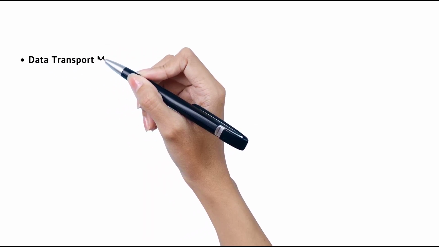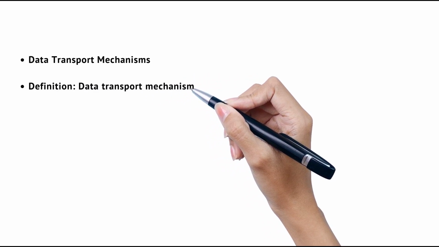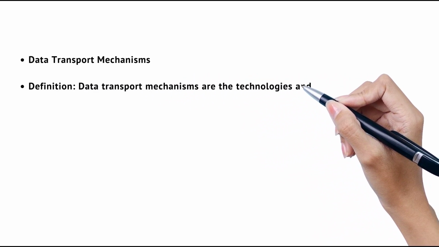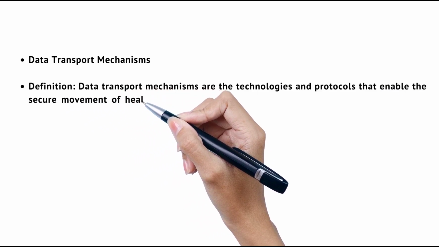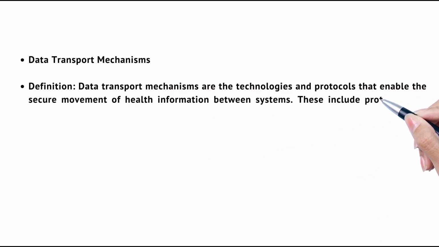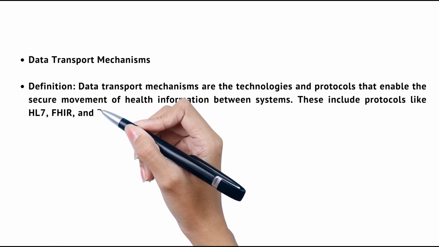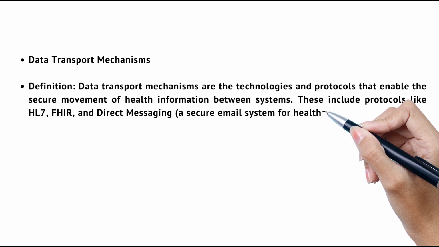Data transport mechanisms. Definition. Data transport mechanisms are the technologies and protocols that enable the secure movement of health information between systems. These include protocols like HL7, FHIR, and direct messaging, a secure email system for healthcare.